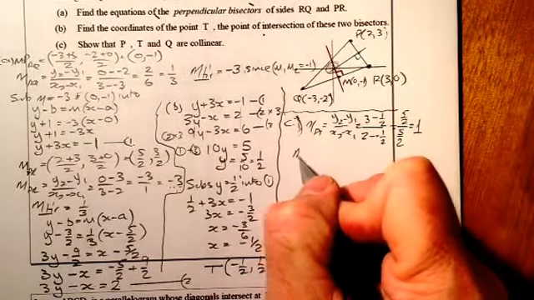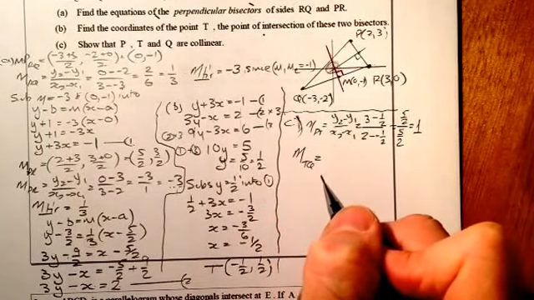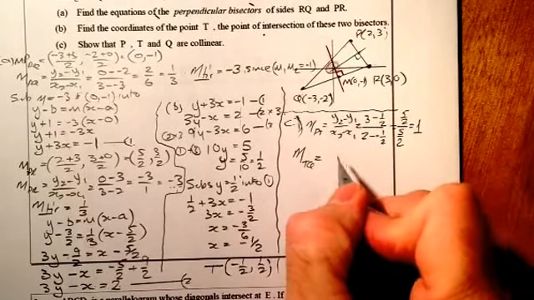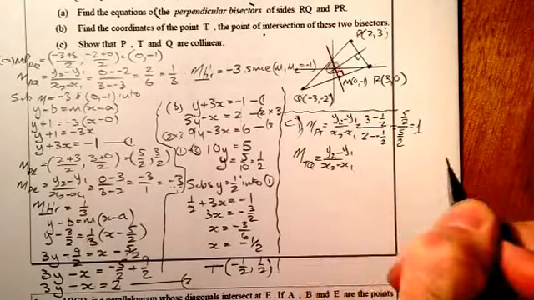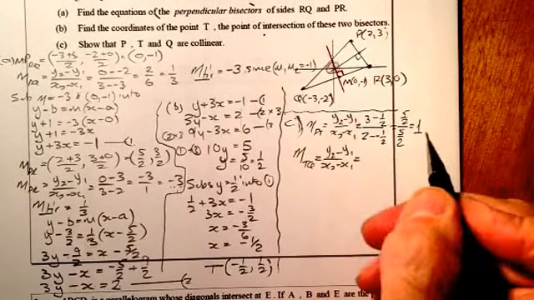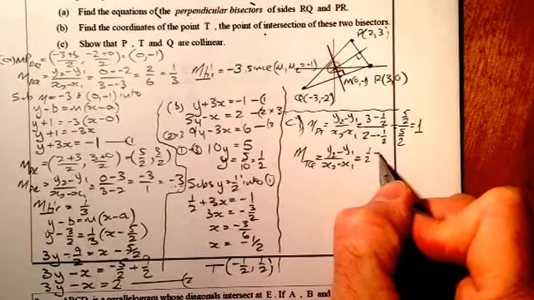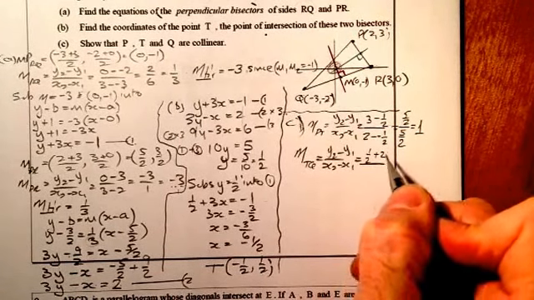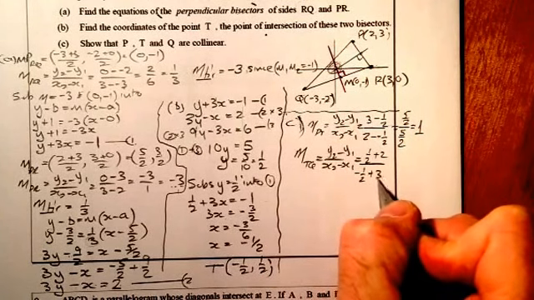So if I work out the gradient of TQ, I'd be expecting that that's going to be the exact same. So I've got y2 minus y1 all over x2 minus x1. Let's substitute the values in. So I'll go for a half, which will be from T plus 2, and I've got minus a half on the bottom plus 3.